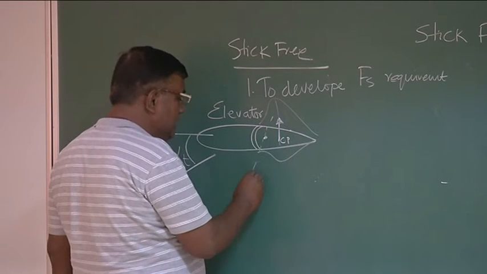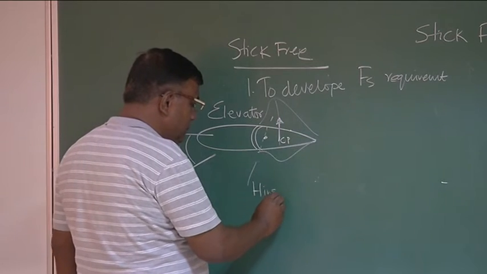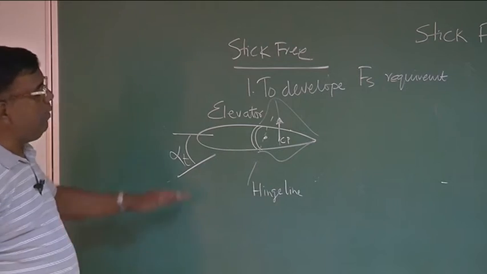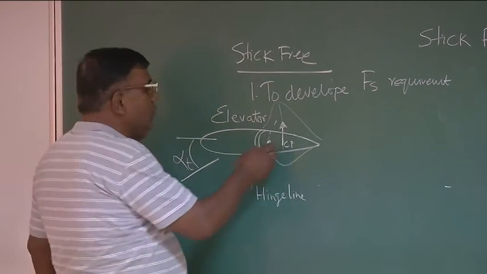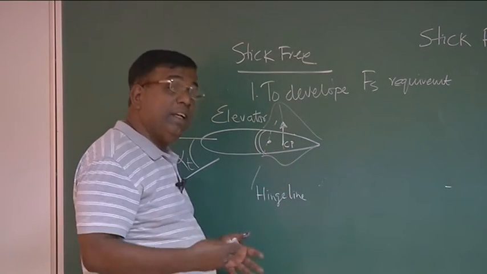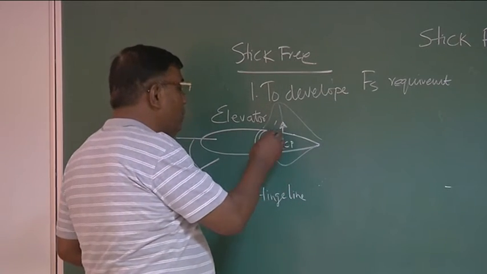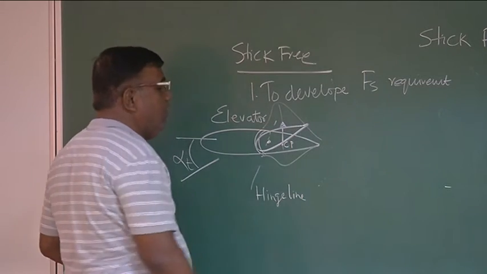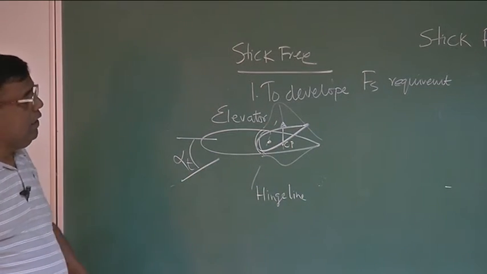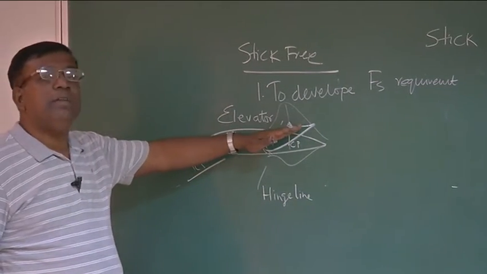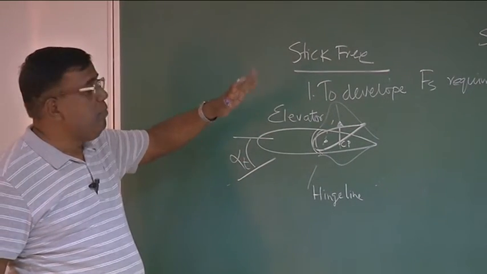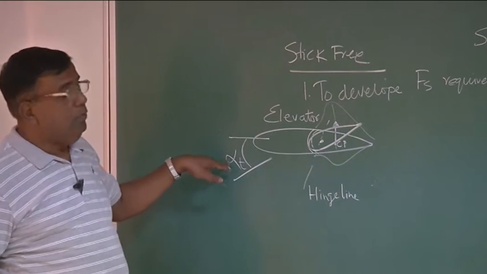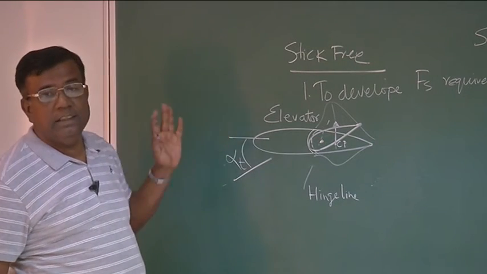This is the hinge line. Normally it's like that. So what will happen at an alpha t? If we leave it free, if we leave it not fixed, then this will give a moment, and by its own nature of the hinge moment characteristics, it will float to an equilibrium angle, right? And that will depend upon alpha t. For different alpha t, this angle will go on changing.